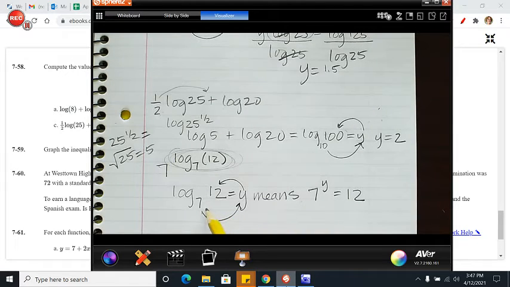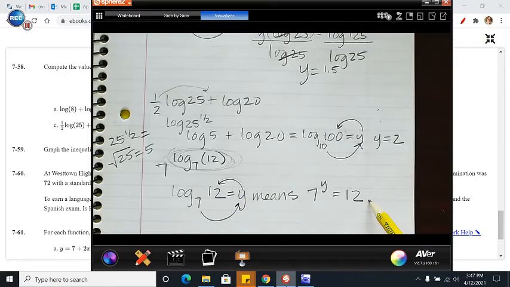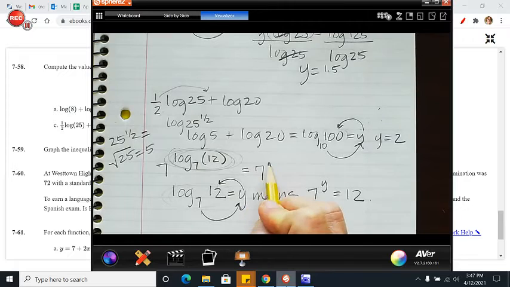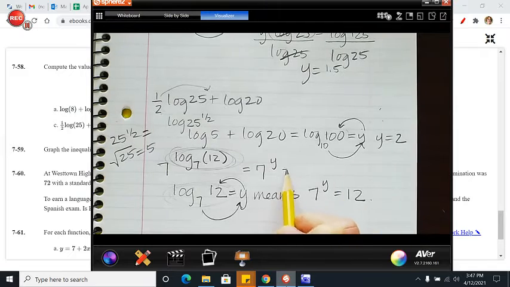So this means this base raised to this power equals 12. I don't know what that is, but if I let this be equal to y, I could rewrite this as 7 to the y power. So I'm just substituting y for log base 7 of 12.